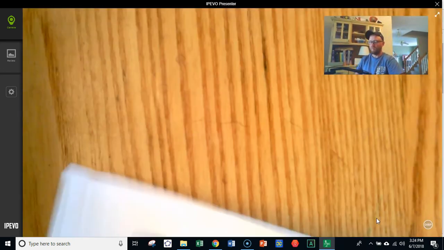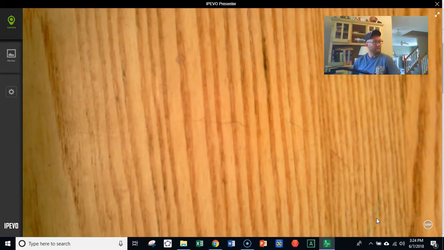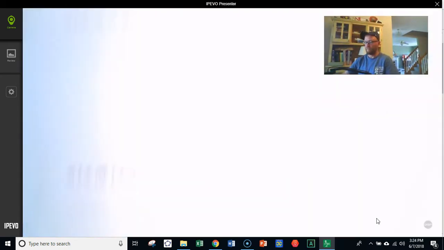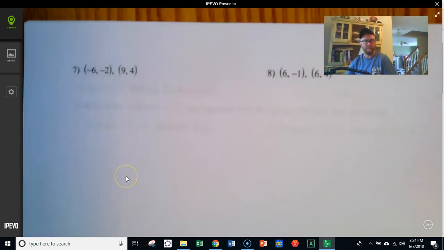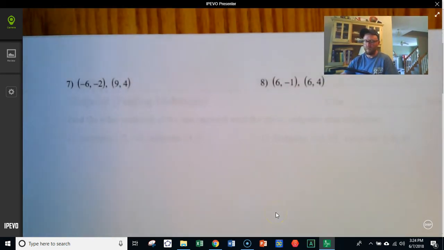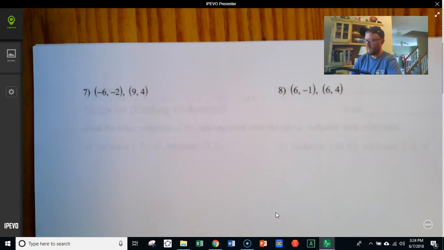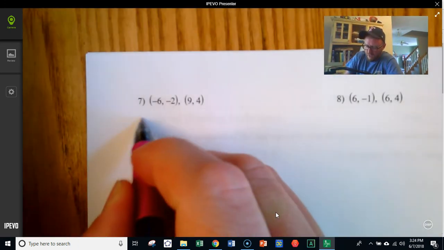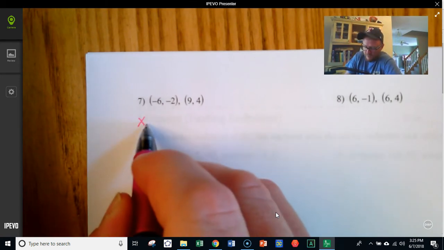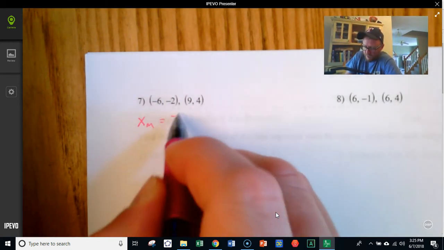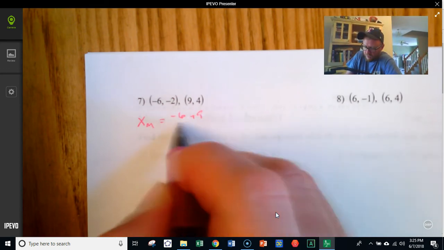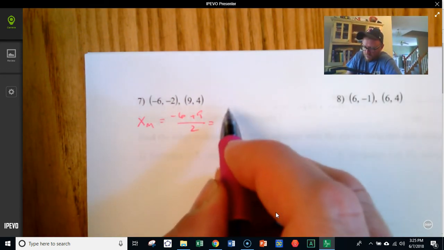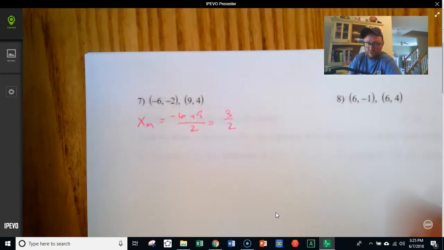Let's take a look at some more. All right, here we go. The x-coordinate for our midpoint will be -6 plus 9 over 2, which is 3 over 2, that's 1.5.